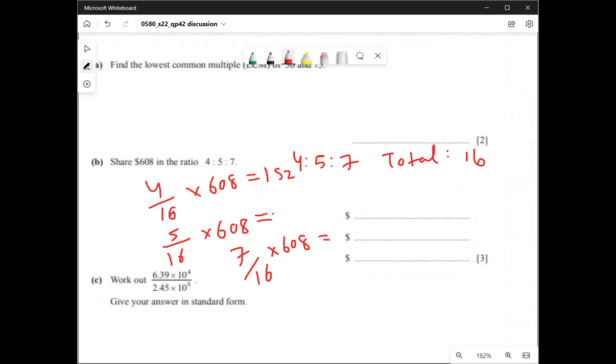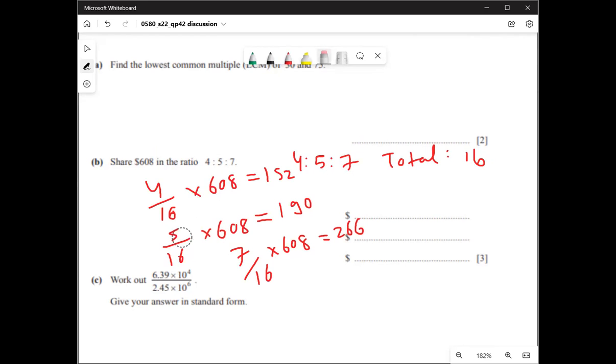$152. Yeah, once again, I was not here. All you have to do is find the total of the ratio and then take each number separately. So 4 by total, into the number you're trying to divide. So 4 by 16 into 608, you get 152.